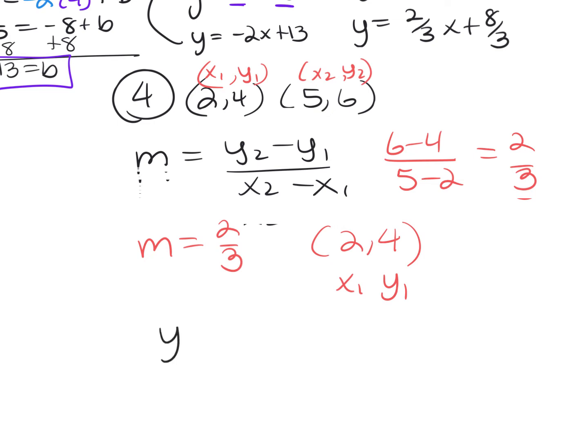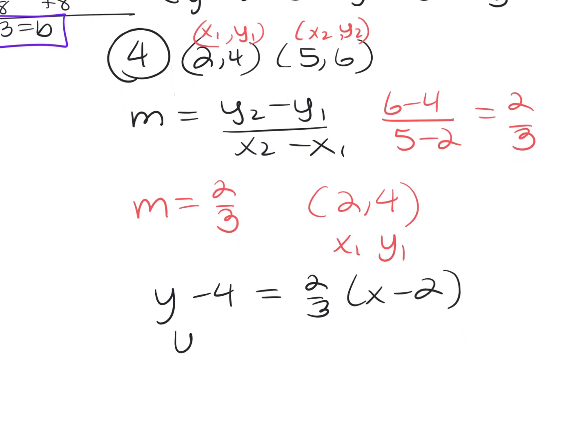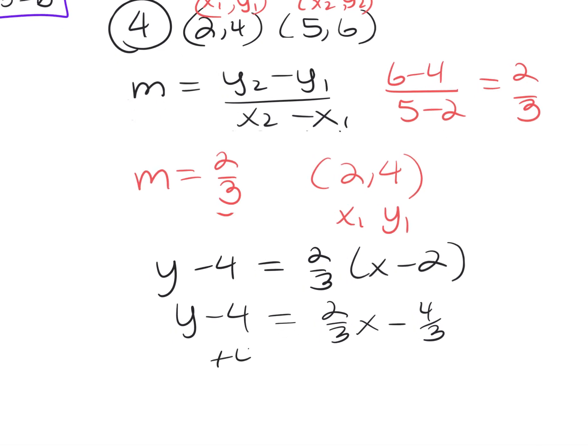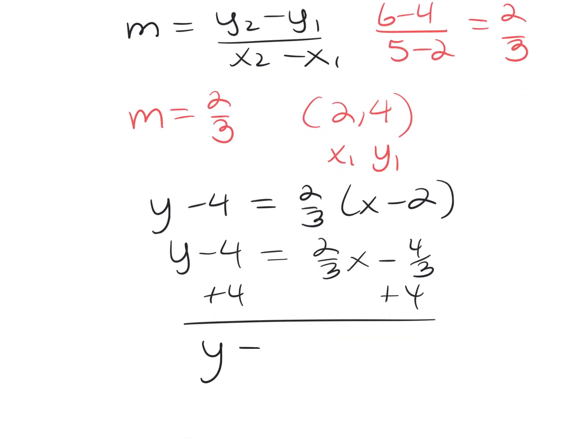So we would do y minus 4 equals 2/3 times x minus 2. y minus 4, distribute the 2/3, and I get -4/3. And now I need to add the 4 to get y by itself. y is equal to 2/3 x.